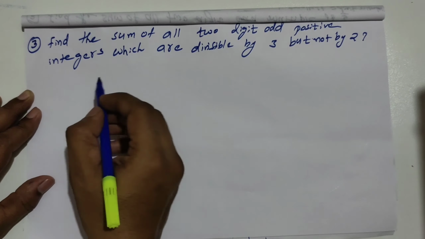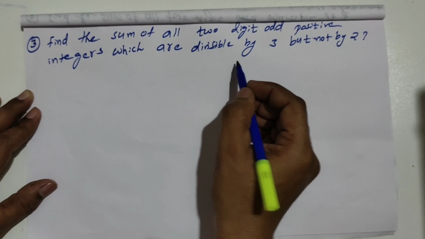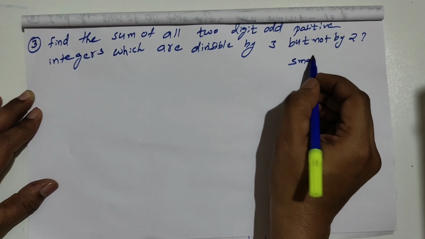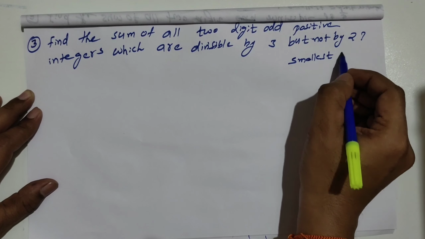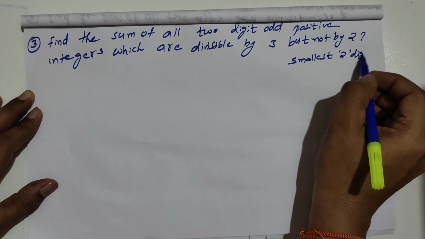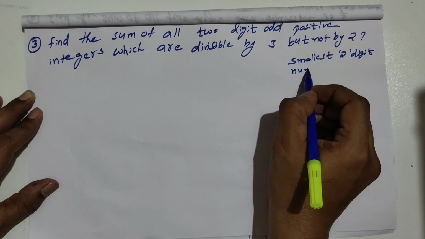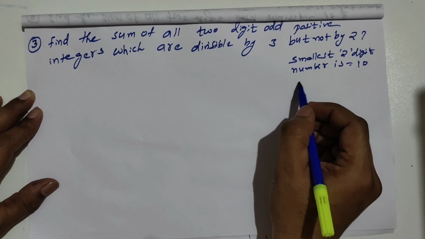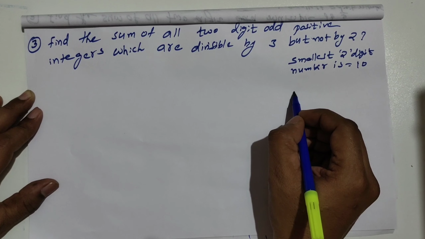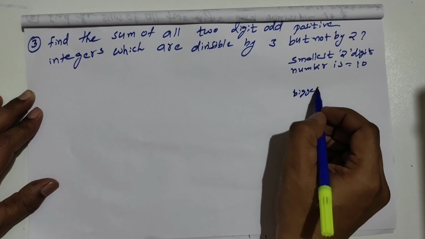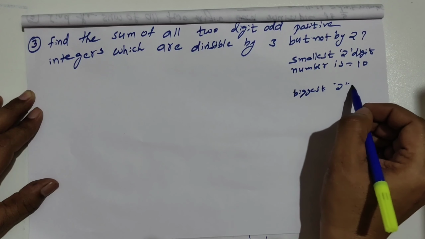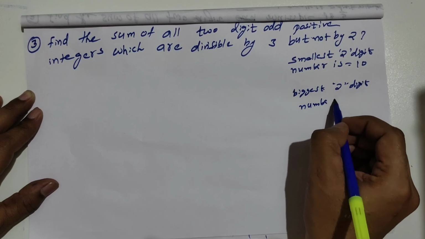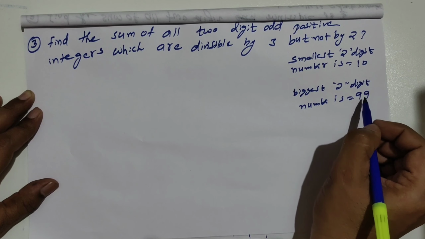Now here first again you have to write the 2-digit numbers. Actually here again we see that the smallest 2-digit number is simply 10, and the biggest 2-digit number is simply 99.